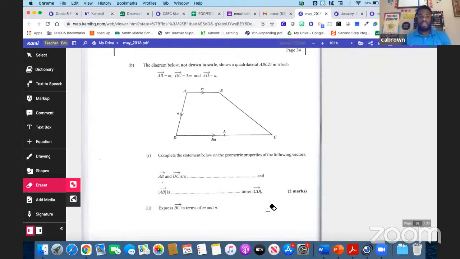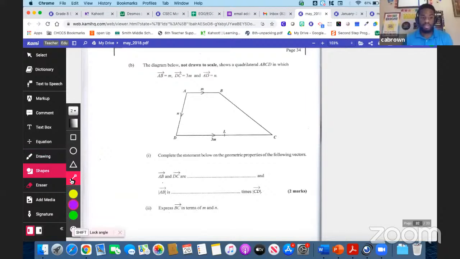The diagram below, not drawn to scale, shows a quadrilateral ABCD in which AB is equal to m. Here AB is equal to m, and DC is 3m, which means DC is 3 times the size of AB. We're also given that AD, which is right here, is n.